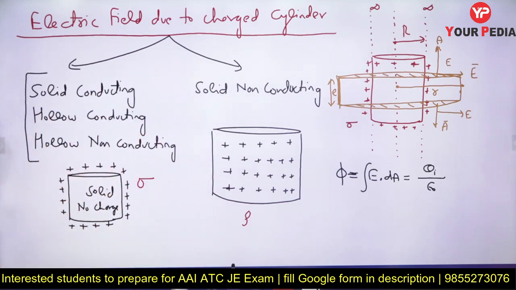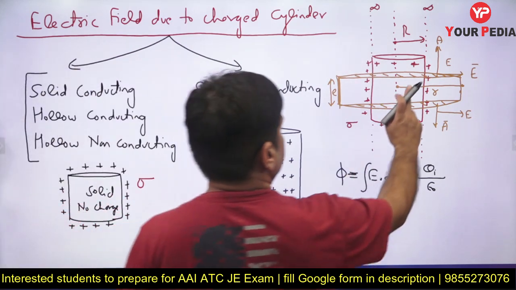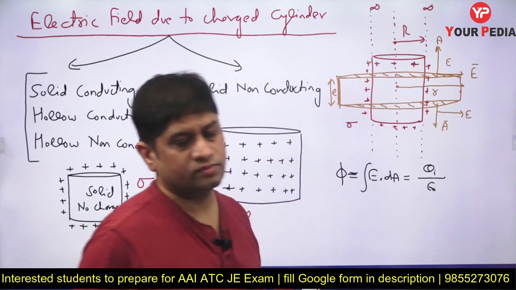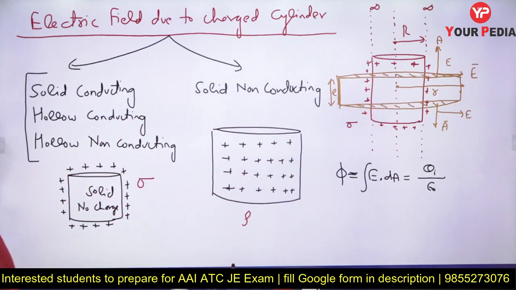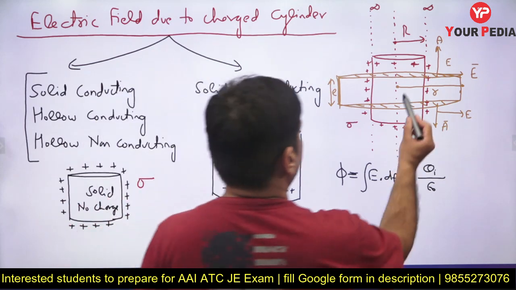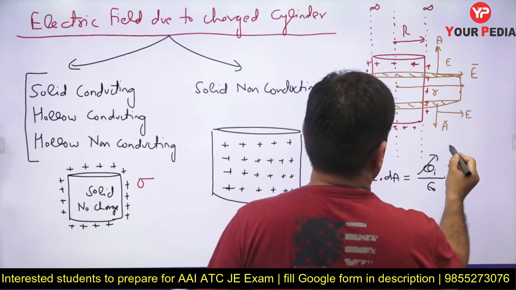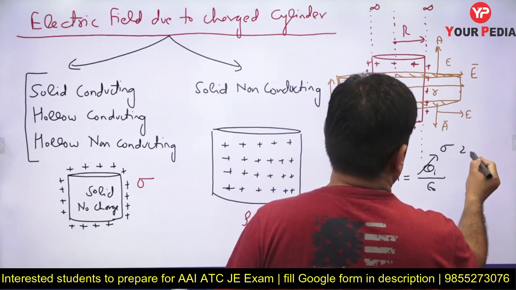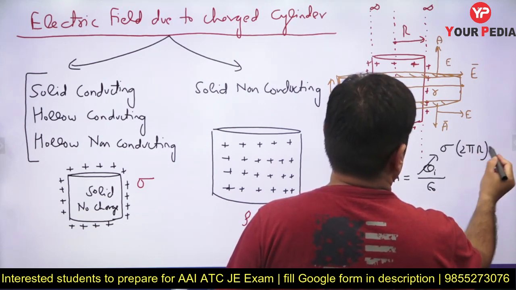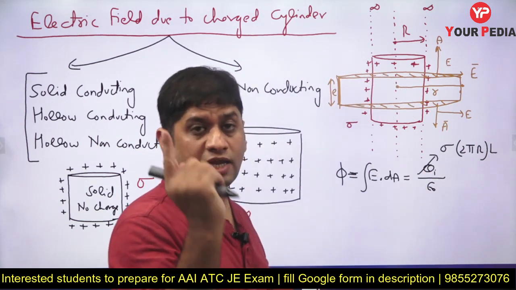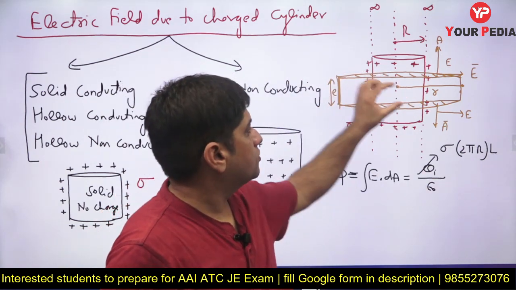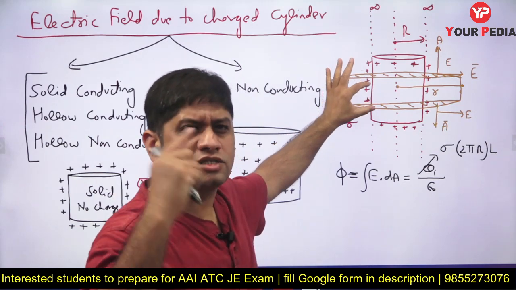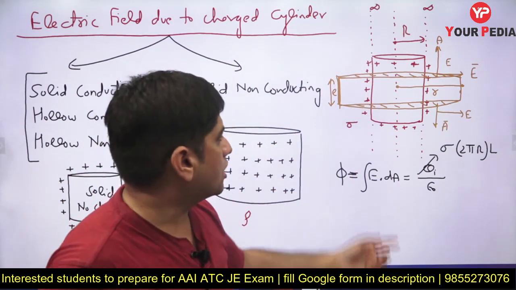Now, what is the charge inside this Gaussian surface? You know, the charge inside the Gaussian surface is, if you tell me the surface area, what is this surface area? This is sigma into 2 pi R into L, where R is capital R, into L. This is the surface area of that cylinder within length L, and the entire charge is distributed over this curvilinear surface.